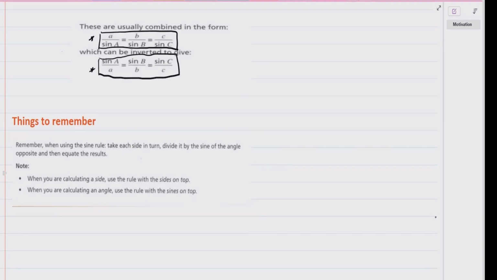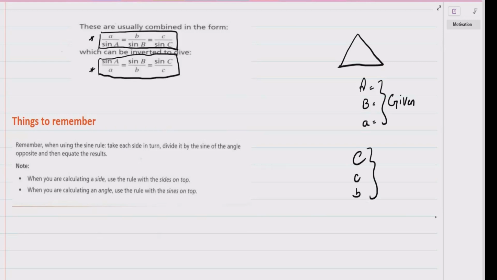Remember, in a question we are given a triangle in which three things are given, for example angles A and B and the side small a. So what we have to find are the angle C, the side small c, and the side small b.